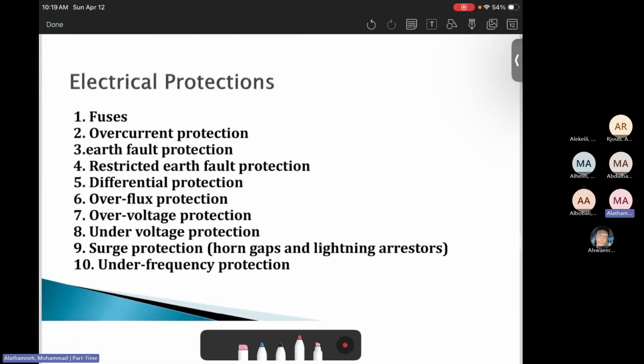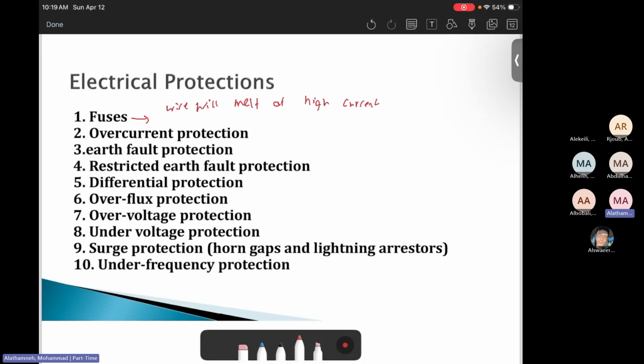Then there is another type of protection for electrical protection: fuses. Fuses are basically elements that detect if there is any high current; the wire will melt at high currents.